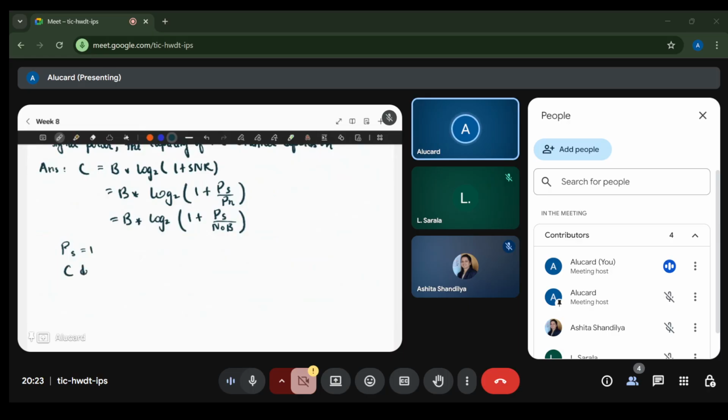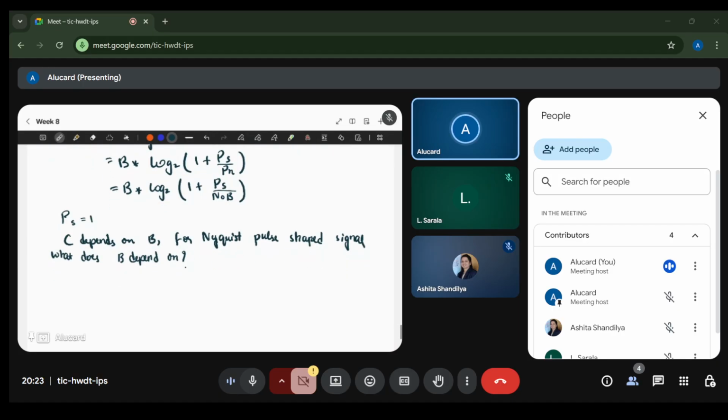So does it depend on modulation scheme, receiver sensitivity, symbol rate, or all of the above? That I think you can answer yourself.